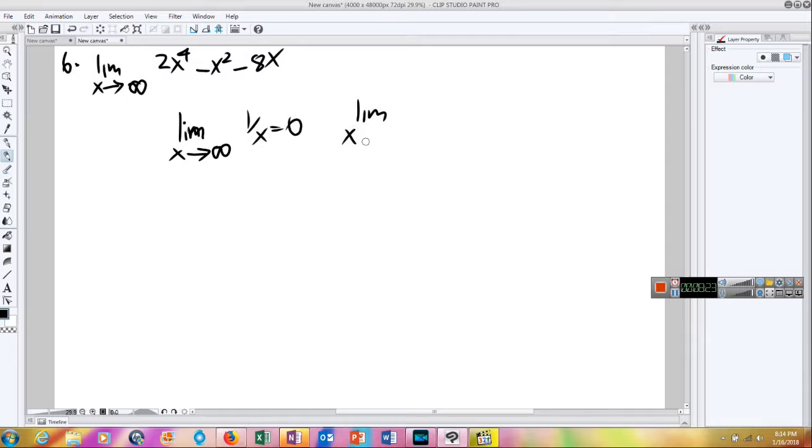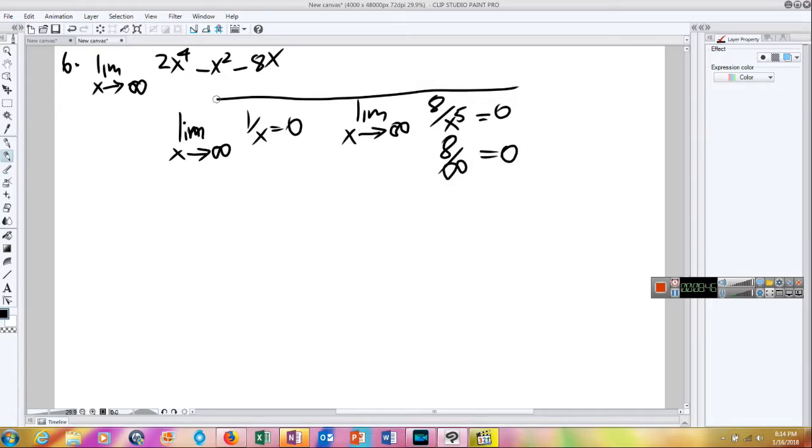The limit as x tends to infinity of 8 divided by x to the 5th power is equal to 0. So 8 over infinity is equal to 0. We were told to remember this part. We needed to remember it for some reason.